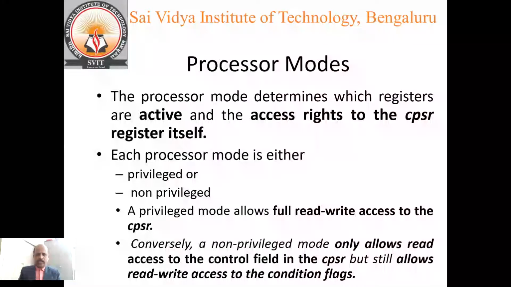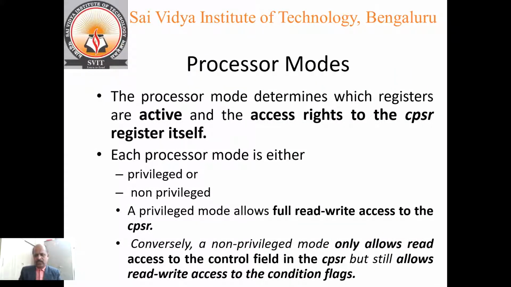Each processor mode is either privileged or non-privileged. The privileged mode allows full read-write access to the CPSR. Conversely, a non-privileged mode only allows read access to the control field in the CPSR, but still allows read-write access to the condition flags.